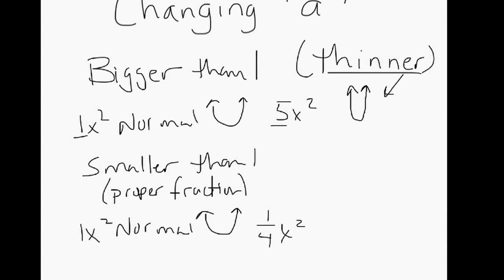And it's the opposite. If bigger numbers made it thinner, then smaller numbers make it wider. So if 1x squared looks like this one, then 1/4 x squared is going to be a much wider shaped U. And like I said earlier, we're going to look at all of this on the calculator during our class when we study this.